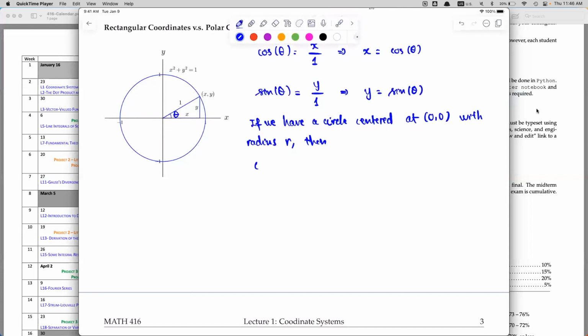So you have cosine of theta equal to x over r, or x is equal to r times cosine of theta. You understand where it's coming from? And then sine of theta is equal to y over r, or y equal to r times sine of theta.